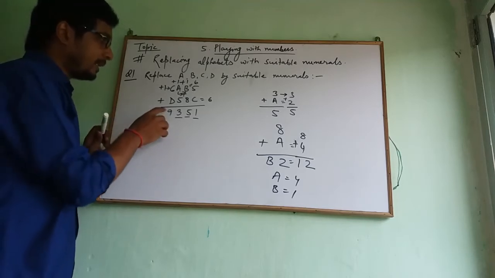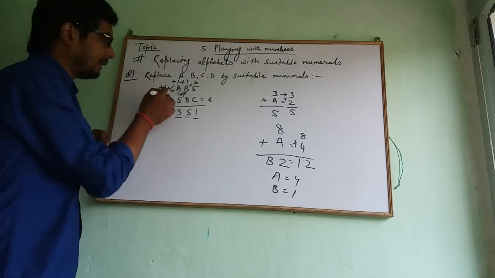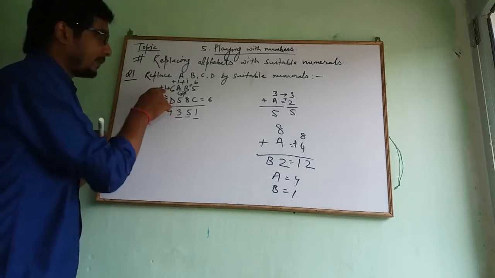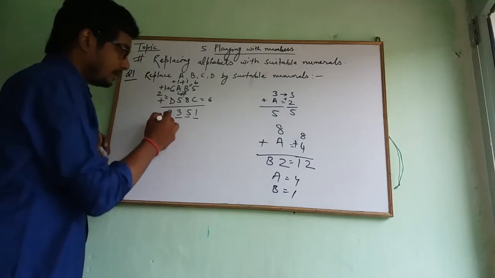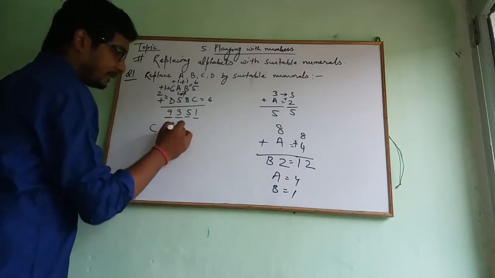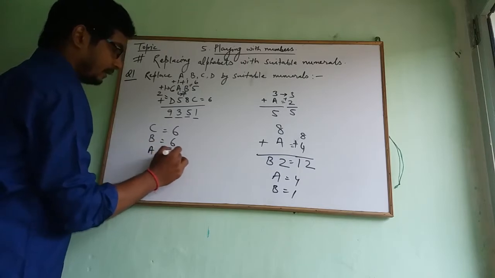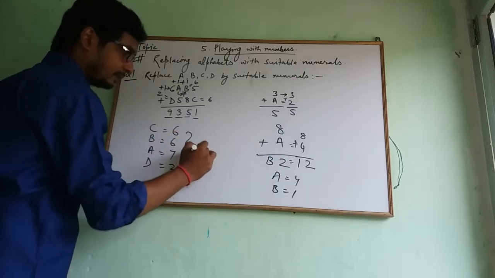Now what must be added with 7 to get 9? It is clearly D as 2. So 6 plus 1 becomes 7, 7 plus 2 becomes 9. So my answer is 9. So I thought that you got the answer, that C will be 6, B will be 6, A will be 7 and D will be 2, and this will be my answer.